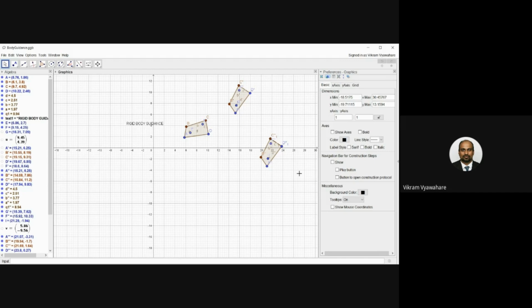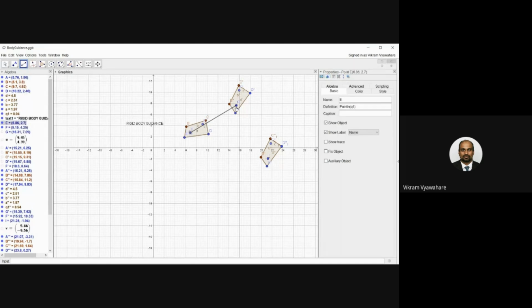So the first point, what is the motion of this first point? The first point has to pass through these three locations, these three points.